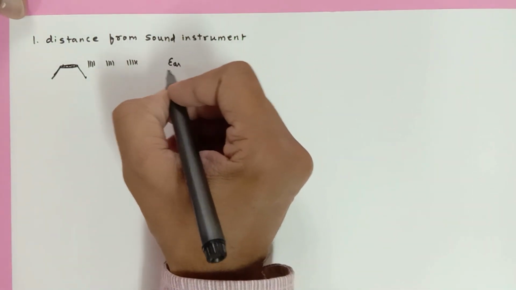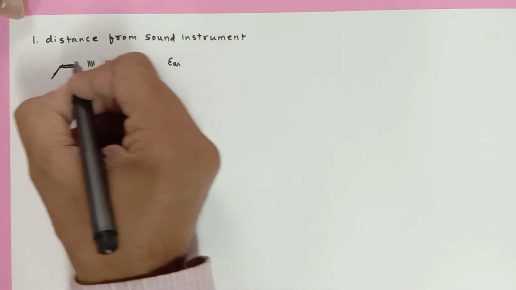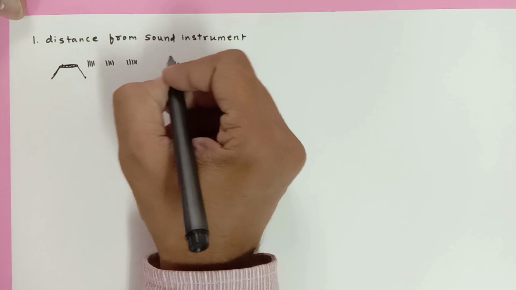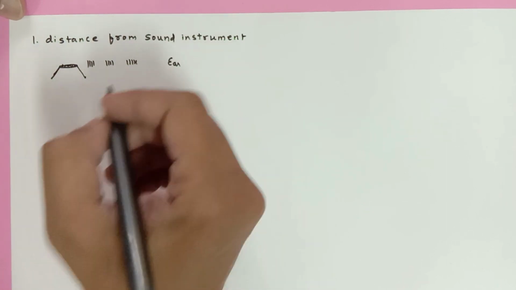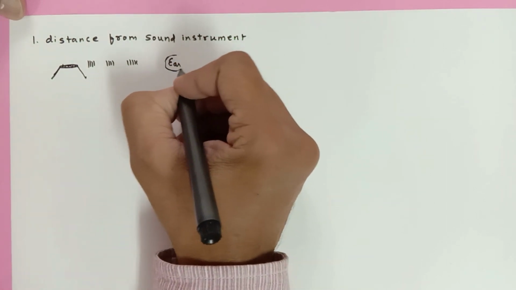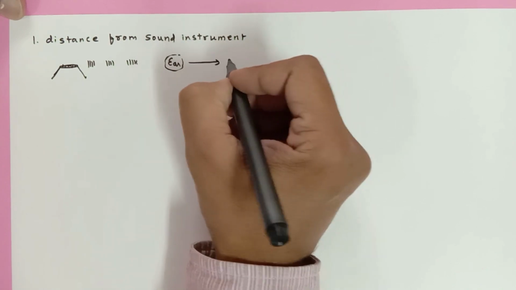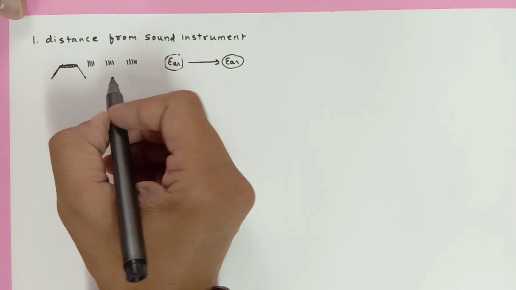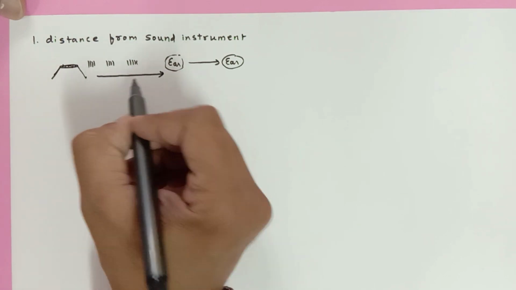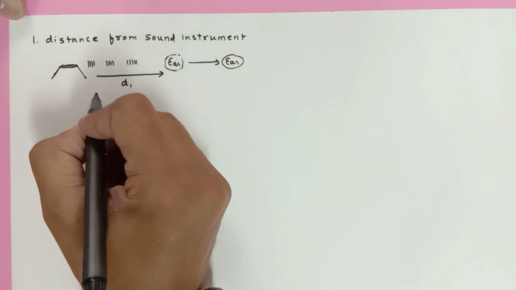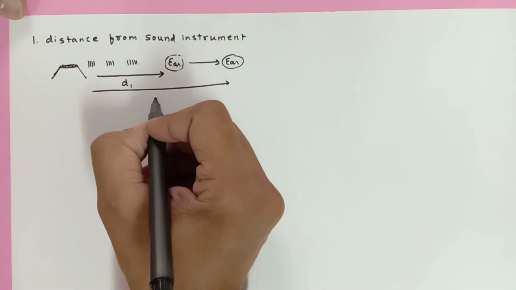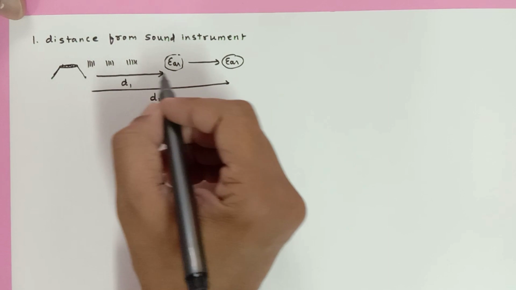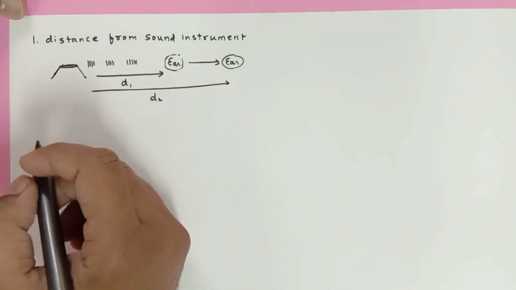So if this listener is very close to this sound producing drum, then the loudness of the sound would be comparatively larger, right? But if this listener is shifted somewhere over here, that means the distance earlier, let's say, was d1, now the distance has increased to d2, and with the increase in the distance the loudness keeps on decreasing, correct?